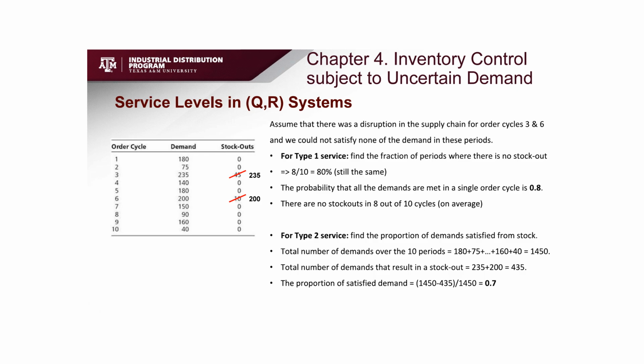But type 2 basically collapses. Now 435 units stock out instead of 55, and the fill rate drops to 1450 minus 435 over 1450, about 70%. And that's the book's key point, right? Type 1 can look perfectly fine, while service, as the customer actually feels it, just falls apart.